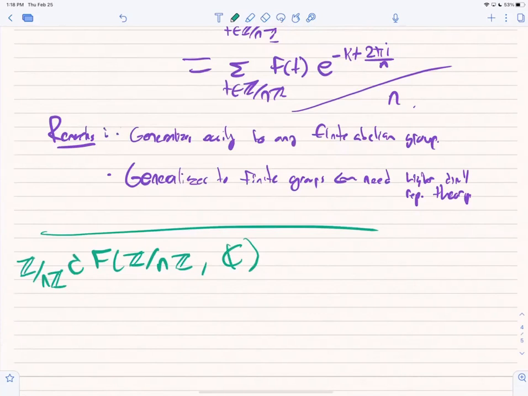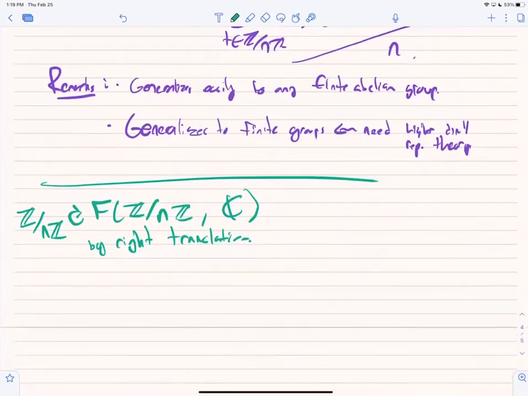I'm going to take the right translation action. What that means is, if I take some element K in Z mod NZ and act on some function with my element K, and then evaluate the new function at T, this is just equal to F of T times K.